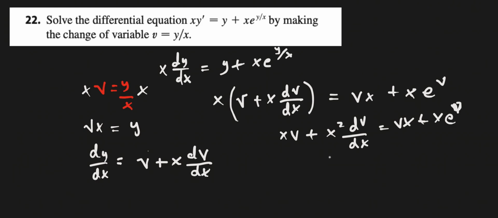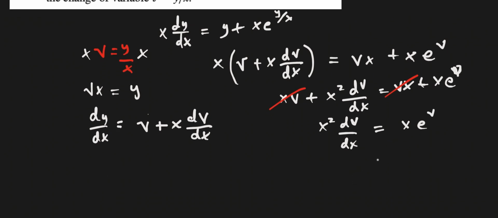Another thing to notice here immediately is these two cancel. So this just becomes x squared dv by dx is equal to x e to the v. Now, we could multiply by dx on both sides, but that's not going to be very efficient.